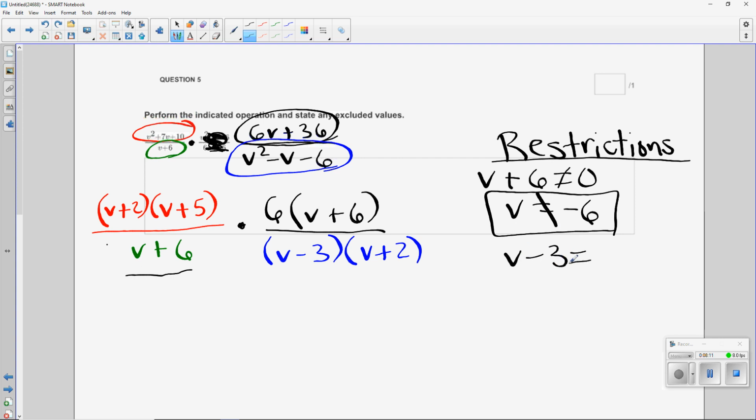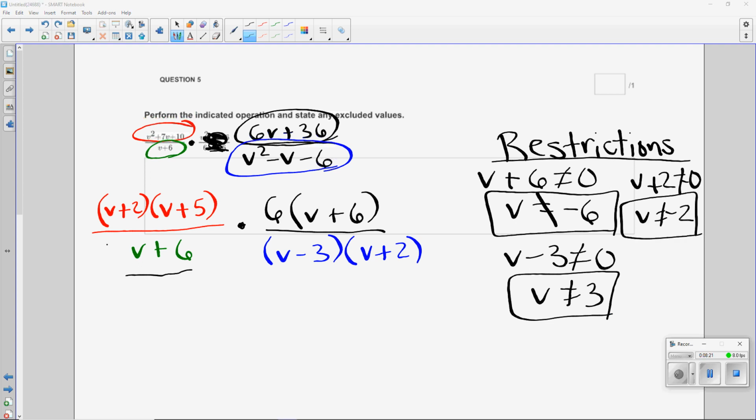And do the same thing for the others. So there's all of our restrictions. Now we can do the fun part. We just start canceling out common terms.